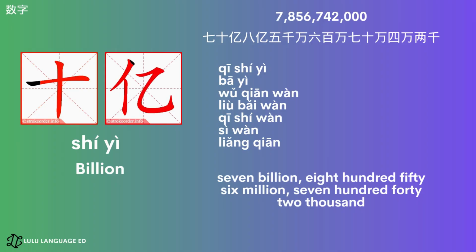You remove the one of billion and other ones and just leave 10,000 for one. I repeat, 78亿5674万2,000. And that's it. Now you have finished this video.